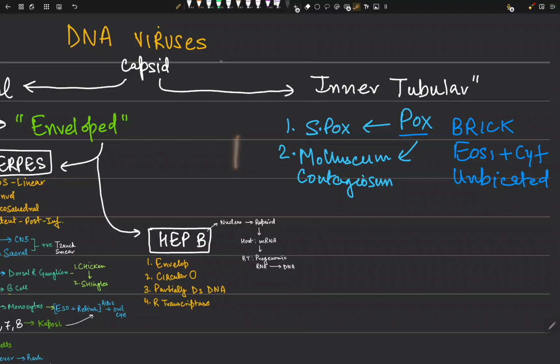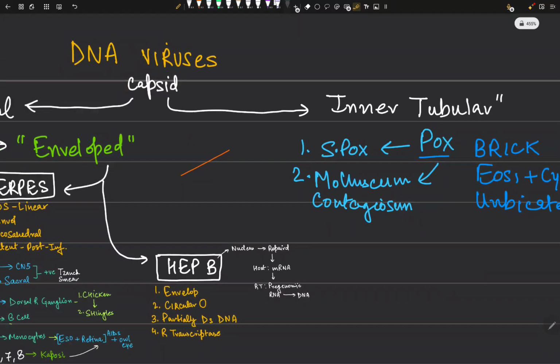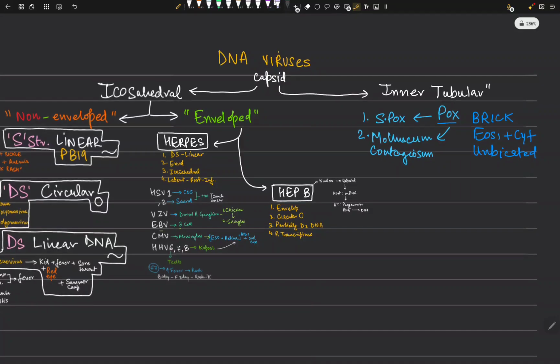I'll give you a little imagination: that's my genome, and the shape is going to be like this, just wrapping around the genome. So I hope we understand the inner tubular form now.